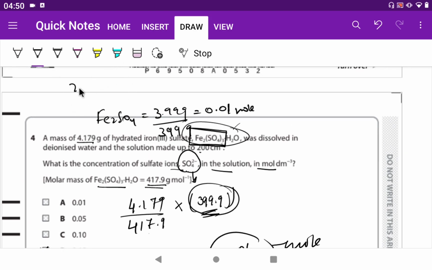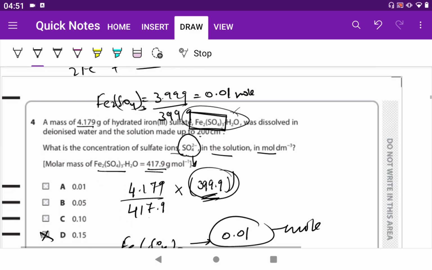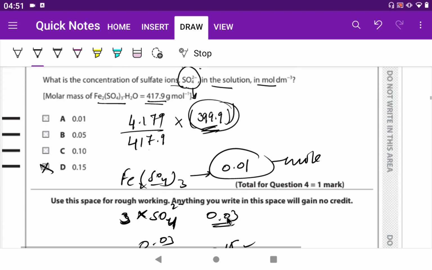And because it can be written as 2Fe, it breaks down into 2Fe plus 3, and SO4 minus 2, 3 times. So the total moles of SO4 minus 2 will be 3 times this, so the moles will be 0.03.